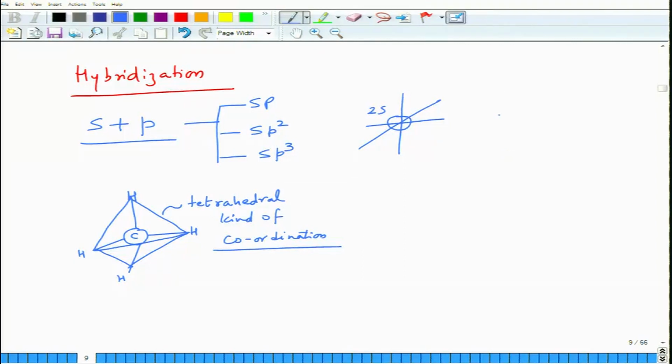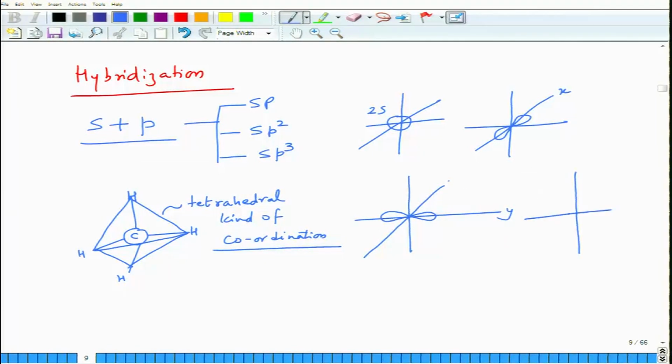You can have 2p orbitals: if this is my x axis, I can have one p here along x, I can have another p along y, and then another p along z. You can have these lobes of p orbitals along z. So, this is 2s, this is 2px, 2py and this is 2pz.